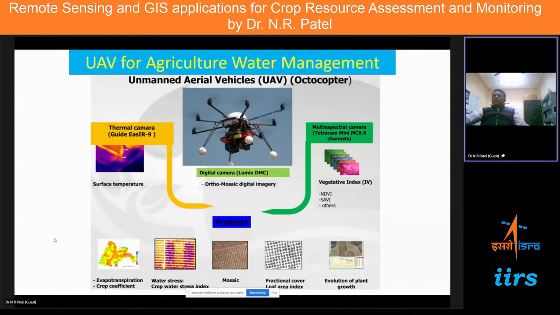So all the new dimensions in agriculture will be provided not only by artificial intelligence; all artificial intelligence and new technology require drone application also.